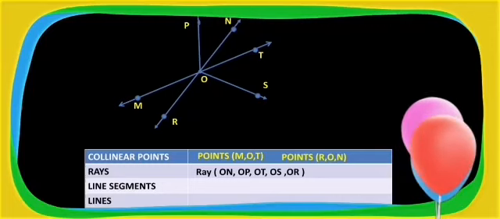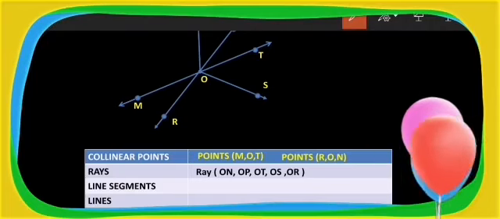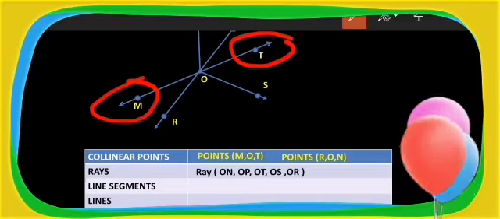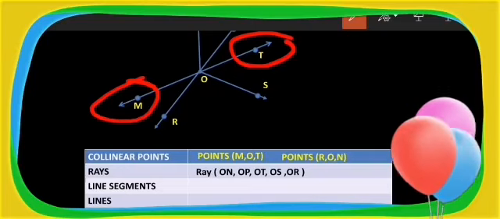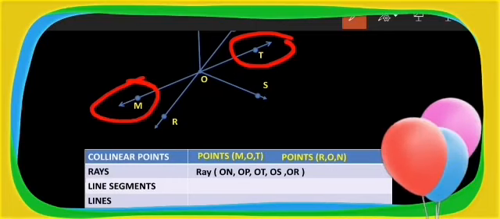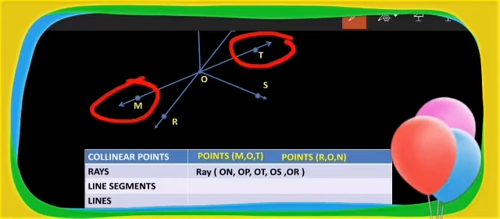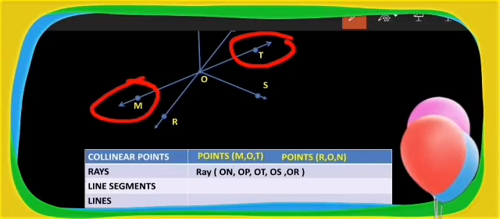Look, how many lines can you see in the diagram? How many? See, if I say line MT, that means you have to consider a part of the line which is beyond the points M and T, correct? If I say line MT, then you have to consider the part of the line which is beyond point M or beyond point T, right?